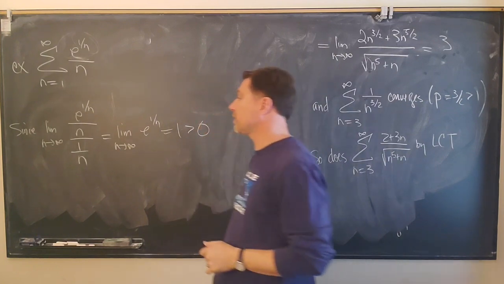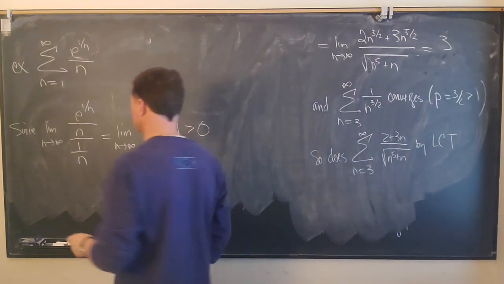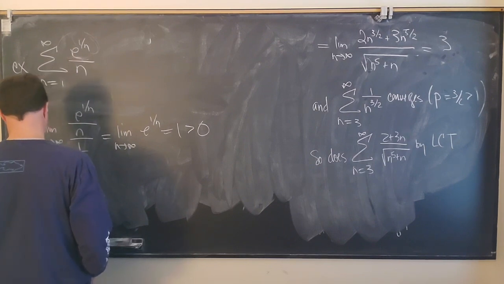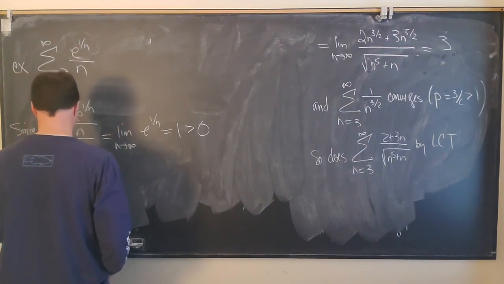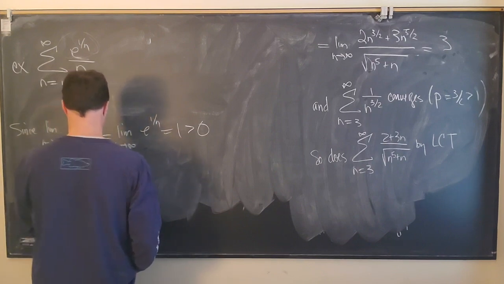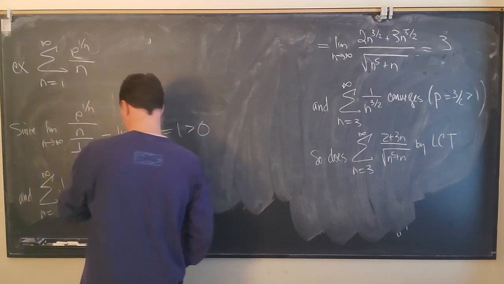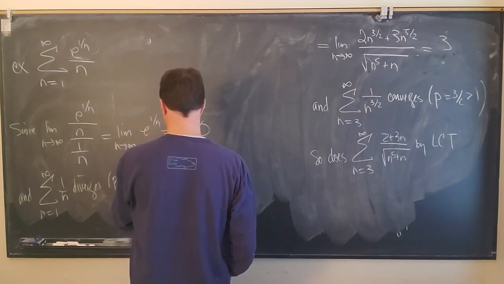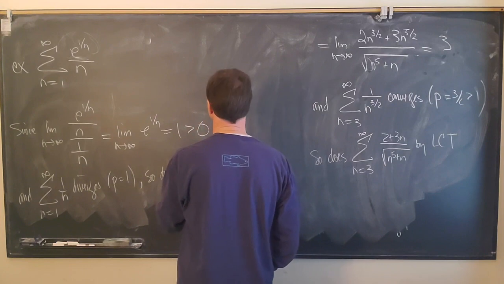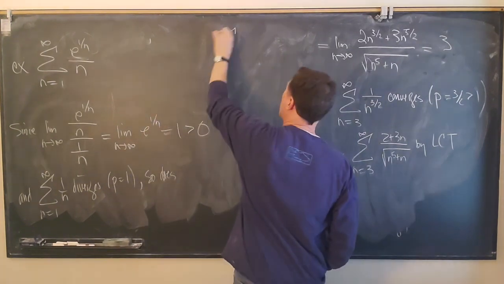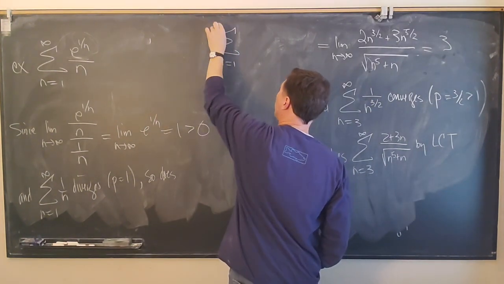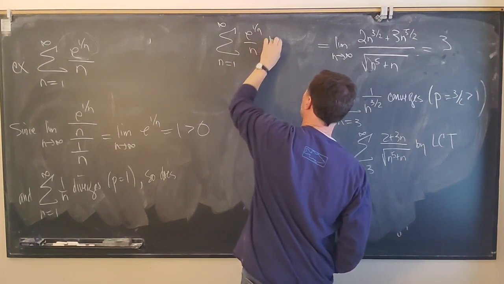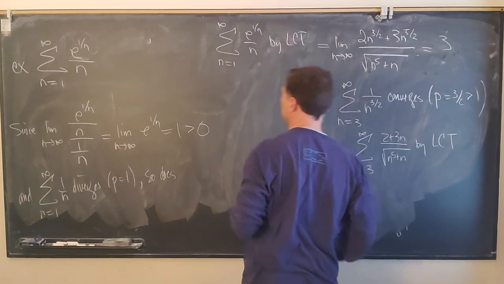So we got a positive constant, and the sum n equals 1 to infinity of 1 over n diverges, because p equals 1. So does the original, by the limit comparison test.